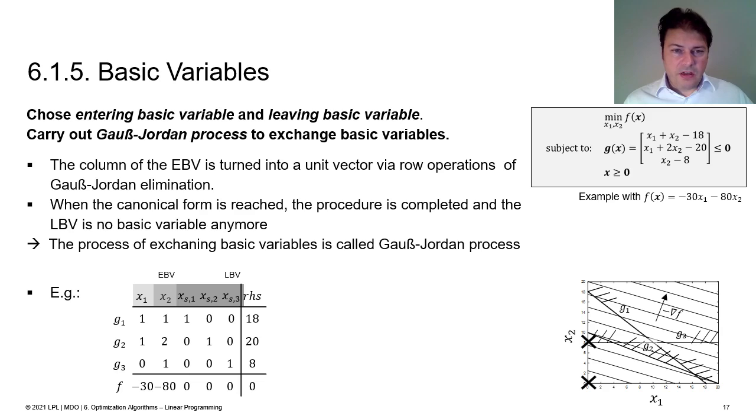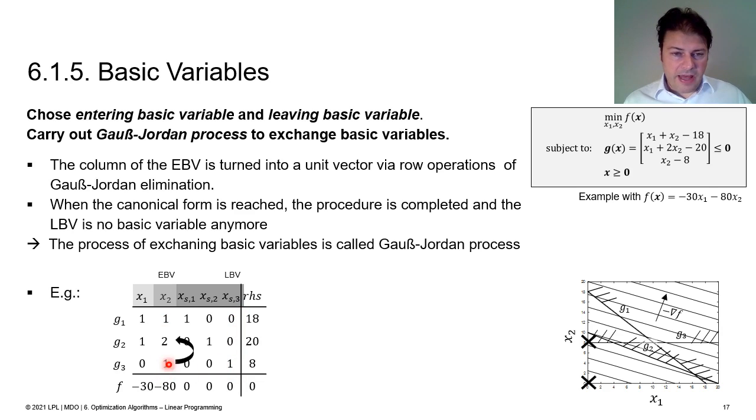And this is done by a so-called Gauss Jordan elimination process. And what you do is you make the column of the entering basic variable, you turn this into a unit vector, the same unit vector that you had here.